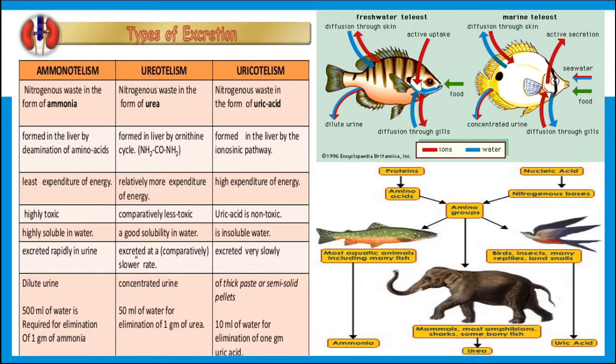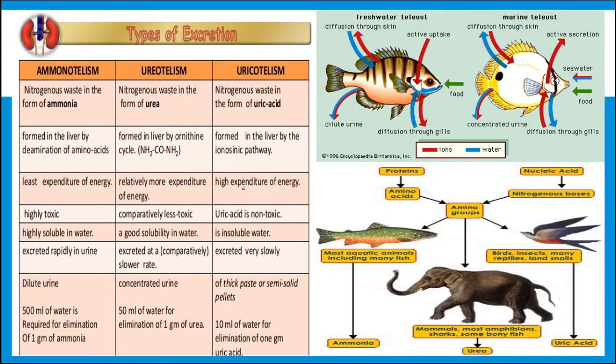The process of ammonotelism means excretion very rapidly, but in ureotelism it is slower than ammonotelism, and uricotelism is excreted very slowly, because with less water it takes the process of concentration.